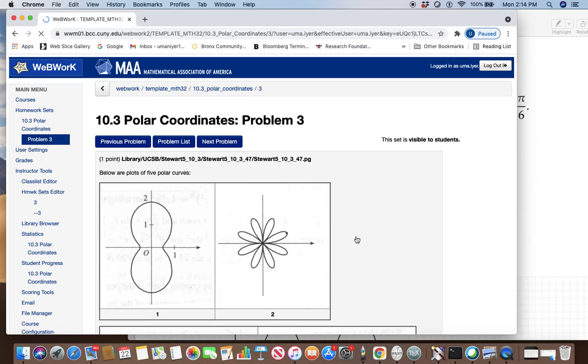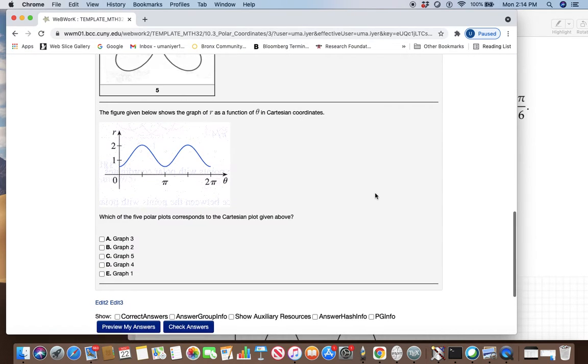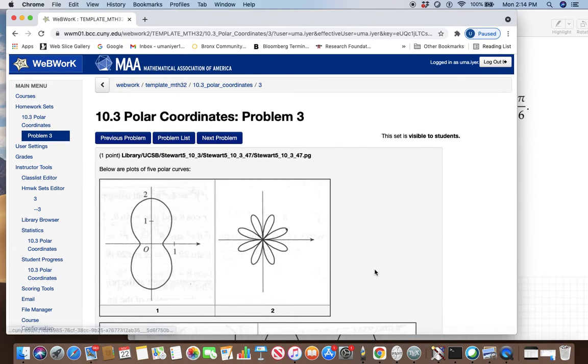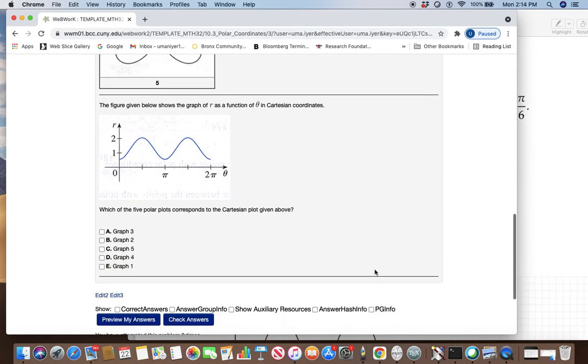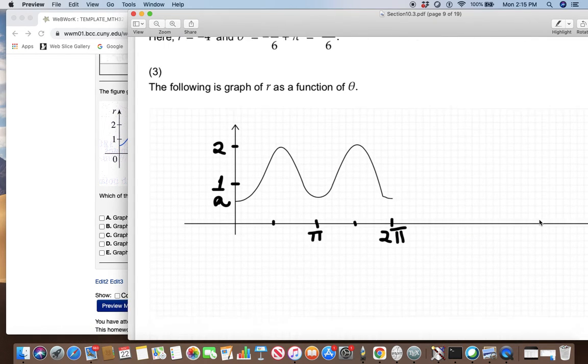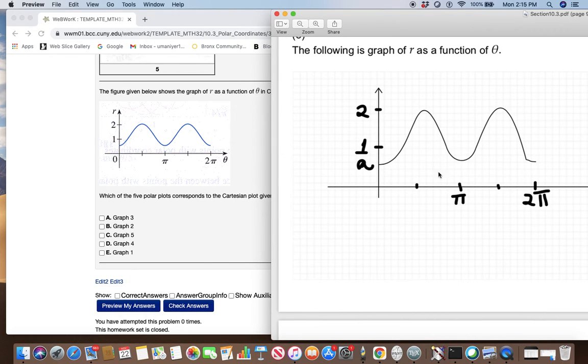Okay. Next problem. This calls for many different graphs. We have 5 polar curves. You want to match the figure with them. So let's go over this. The curve, I have tried to duplicate it, starts at height a little less than 1.